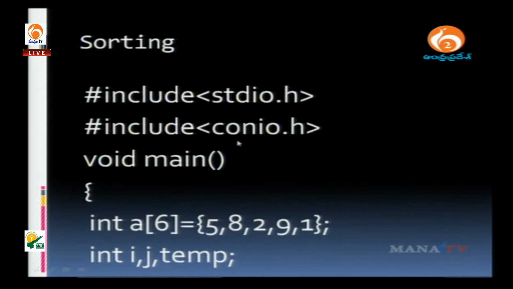If you are not using clear screen and getch, this is optional. The second header file, conio.h, is optional, but the first header file is mandatory. Wherever you use printf, scanf, it is mandatory to include this header file.